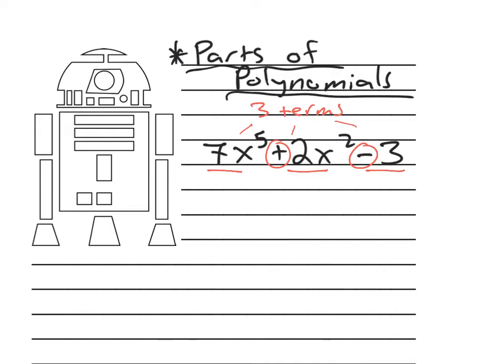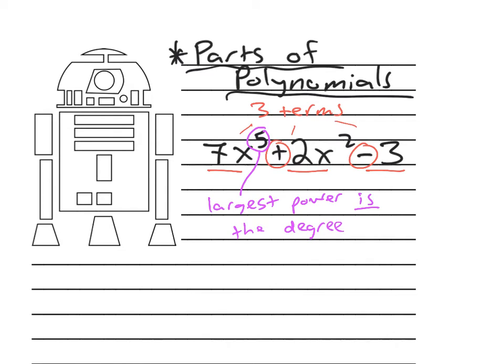Another important thing, like I said earlier, is that biggest power. Okay? That biggest power is what? 5. The power only here. So 5 is the biggest power there. That's going to tell you the degree. Okay? Your largest power is the degree.